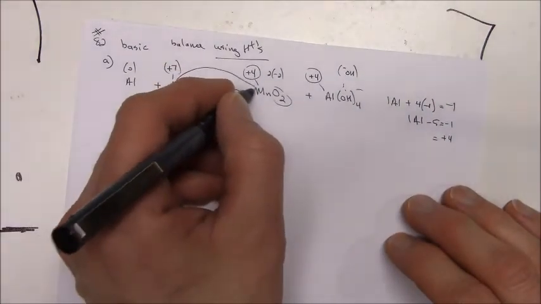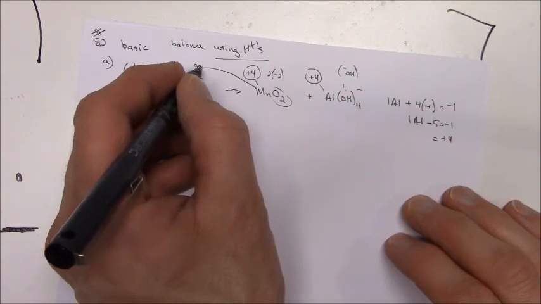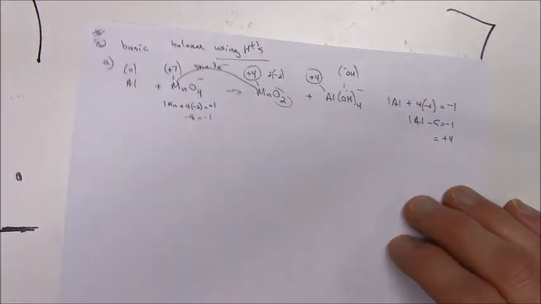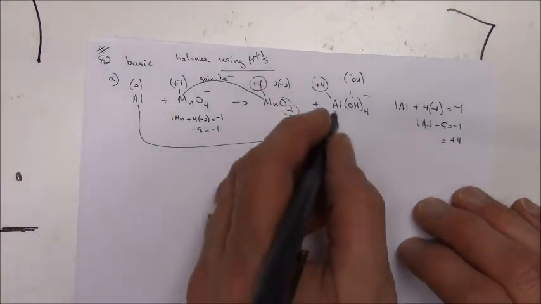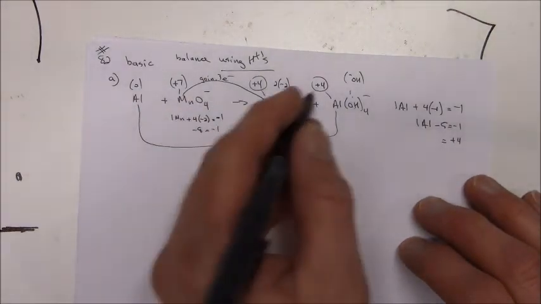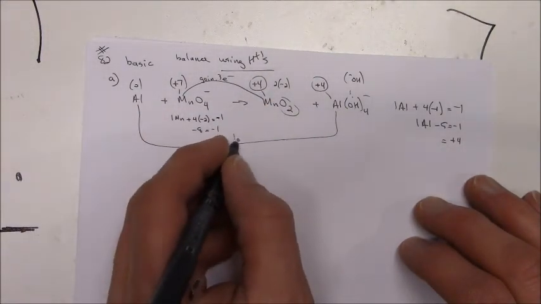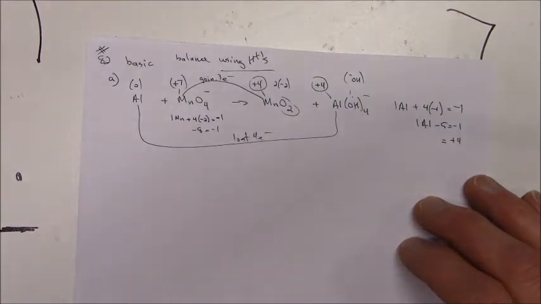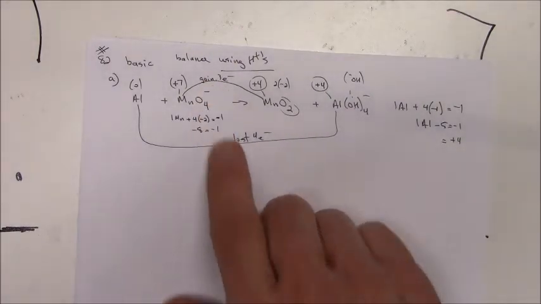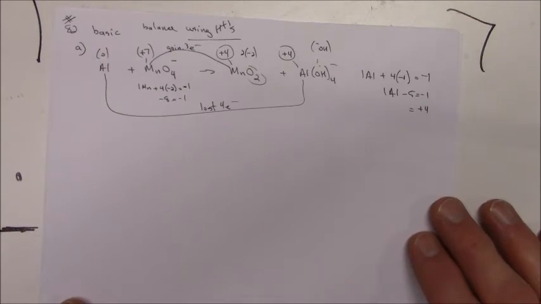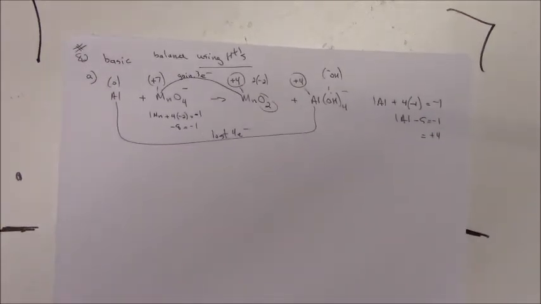So this manganese gained 3 electrons. Aluminum has gone from 0 to plus 4. So it's lost 4 electrons. So that one gained 3, this lost 4. So something tells me some sort of common denominator thing will happen, but anyway.